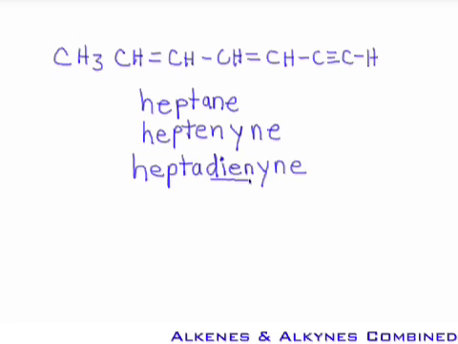So diene means there's two enes, but there's only one yne. If I had two ynes, I'd have to say diyne. If I only had one ene and two ynes, I'd have to say heptenediyne. So you'd notice there wouldn't be an A there. Hepta, the A appears because of the consonant D that appears.